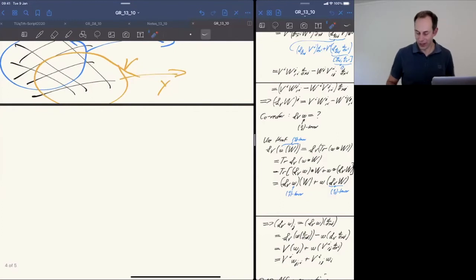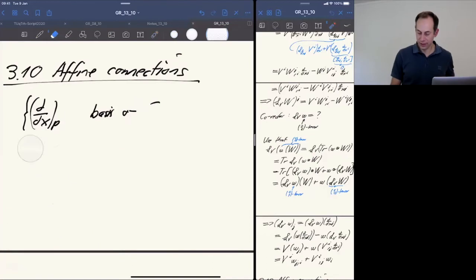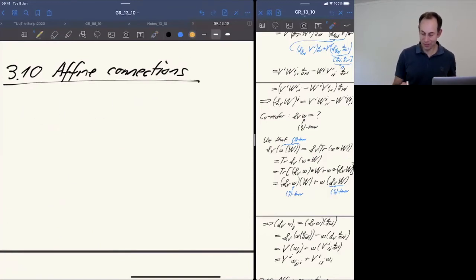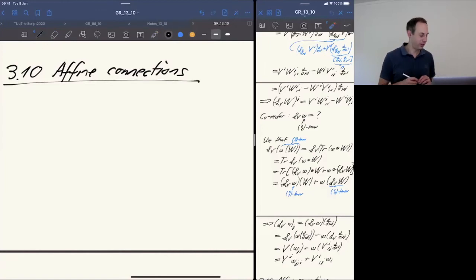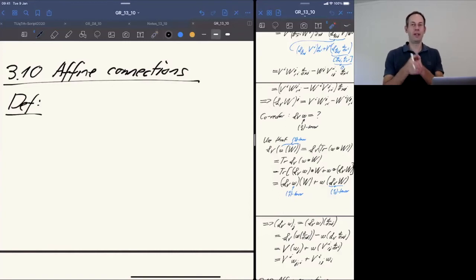Now affine connections. That was not the picture for the affine connections, so I erase it again. You remember the experiment that I just showed you before, and now we turn this into a mathematical definition. Suppose you take a gyroscope or an arrow and walk in different directions, trying to keep the direction straight.